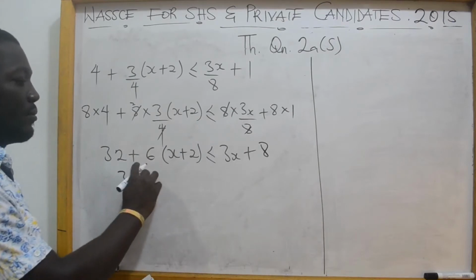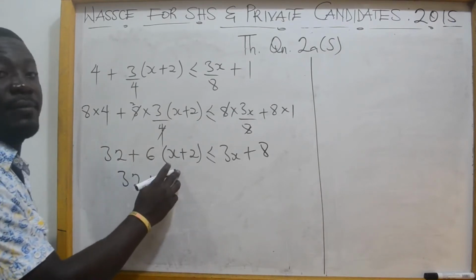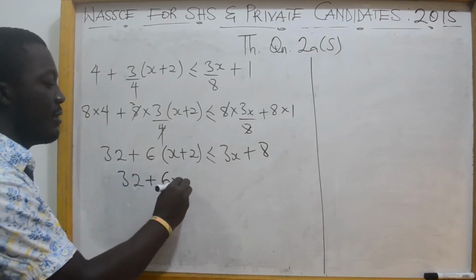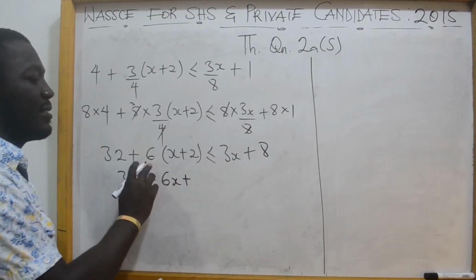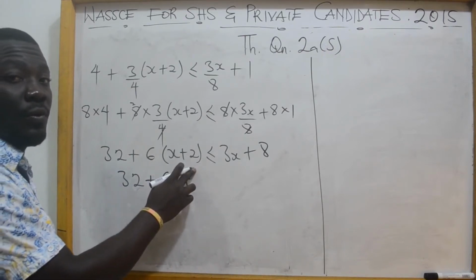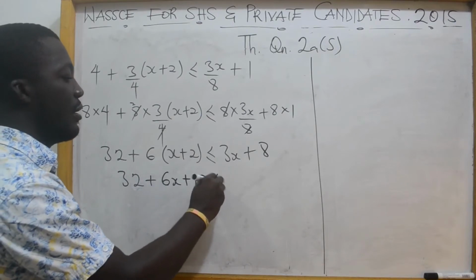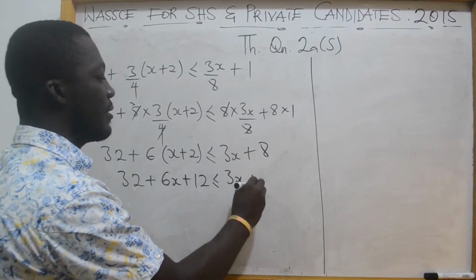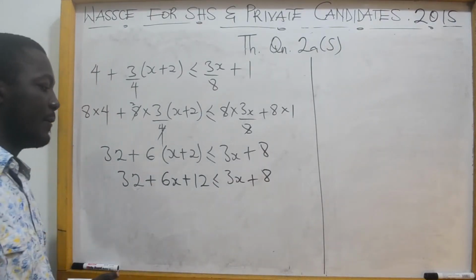With 32, we are expanding the bracket. 6 times x is 6x, plus 6 times 2 will give us 12, less or equal to 3x plus 8.